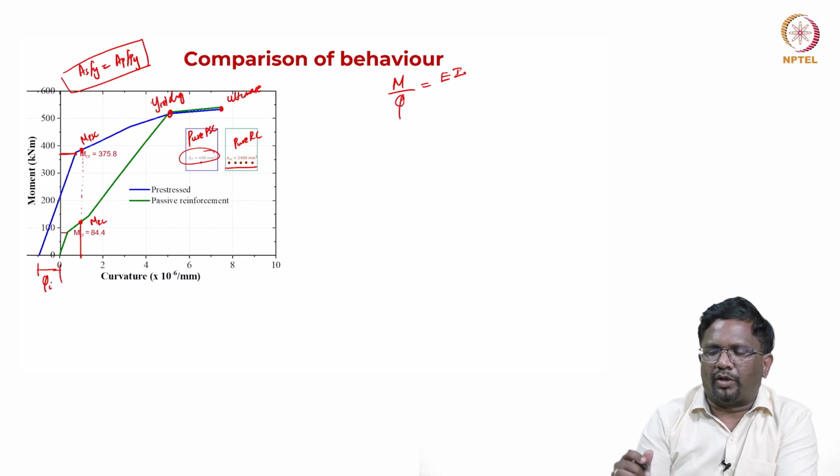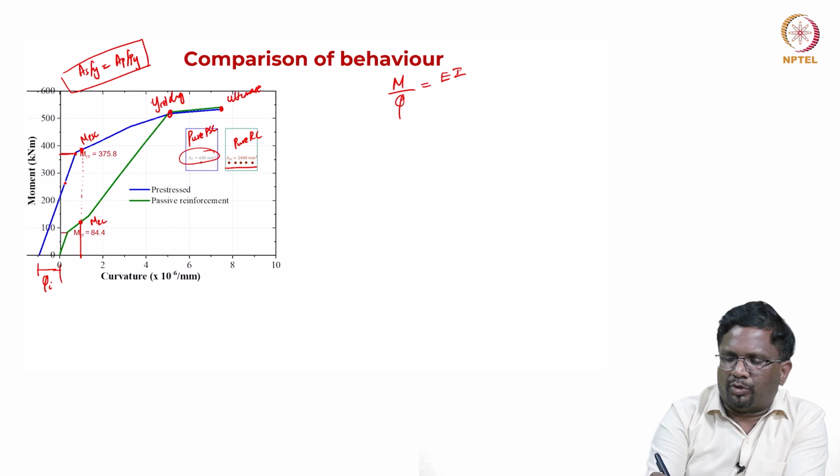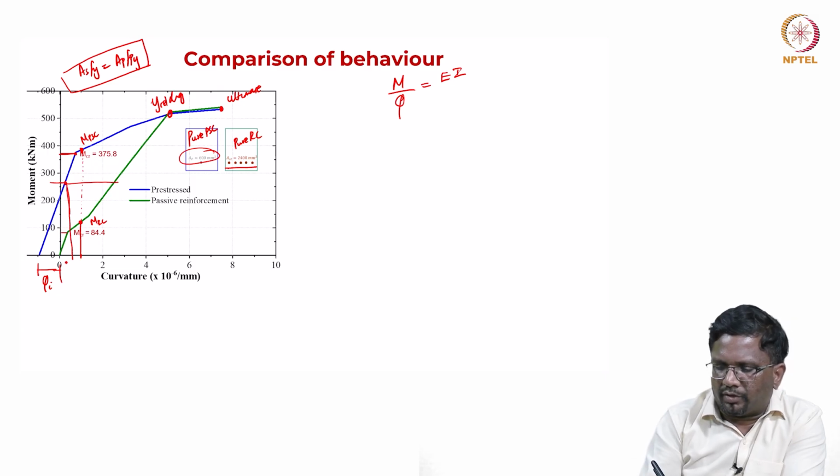Now if you talk in other words, from the service moment point of view, you find that if I take one moment, let's say here, this is the curvature that I get for pre-stress, phi pre-stress, and this is the curvature I get for RC.